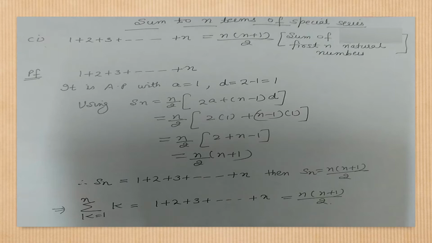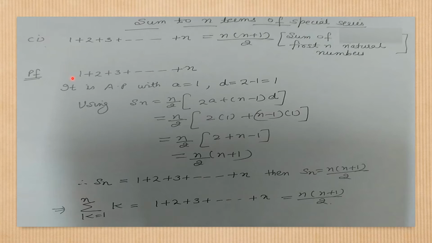First of all, we need to check out a few important formulae and their proofs. Let us start with the very first one, which you have already done in class 10th, that is the sum to n terms of a special series. It means the sum of the first n natural numbers, which is given by n into n plus 1 by 2.